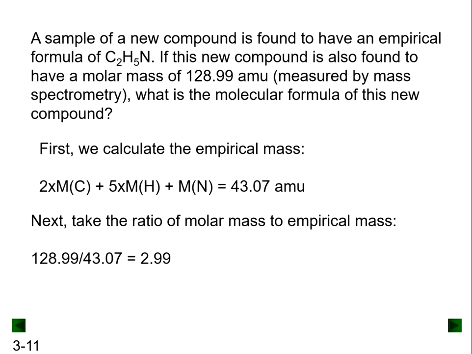So the C2H5N unit has a mass that's only 1/3 as big as the entire compound. So we've got 3 units of C2H5N per molecule of this material. That tells us that our molecular formula is going to be C6H15N3.